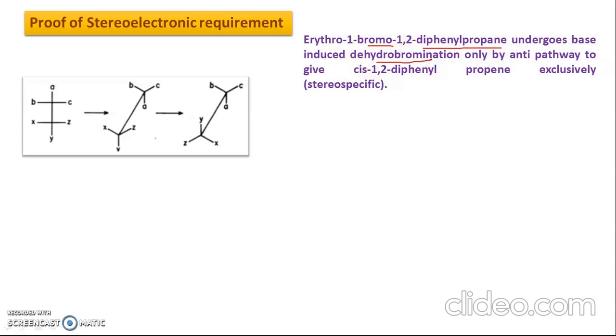Dehydrobromination is removal of hydrogen and Br. Only by the anti pathway it gives cis-1,2-diphenylpropene, that is our alkene, the final eliminated product, exclusively. So you are not getting the trans. Though there is a possibility of trans and cis, you are getting only cis. That means it is showing stereospecificity.